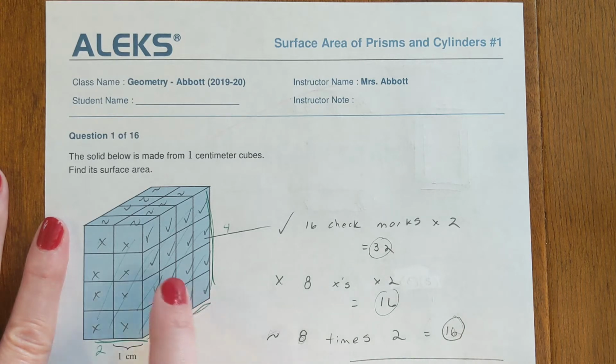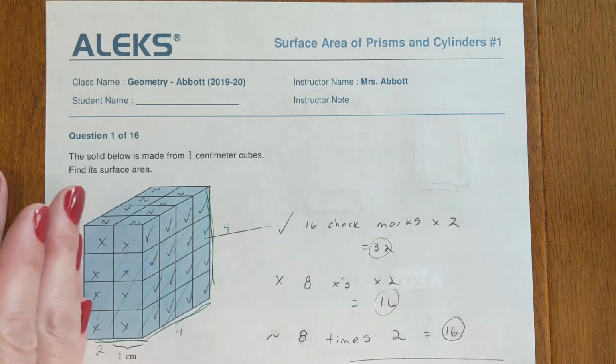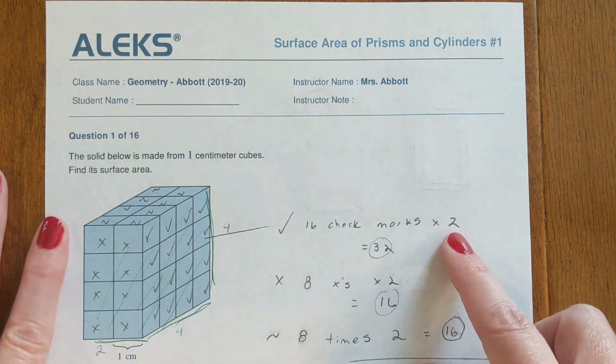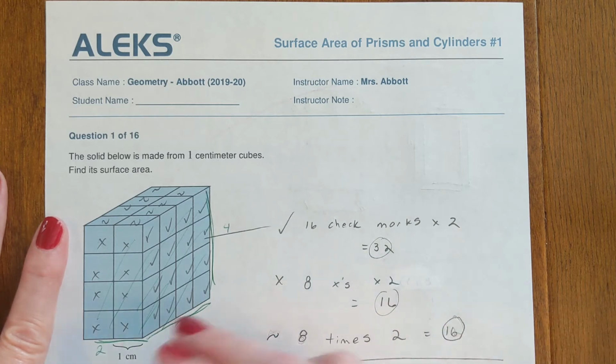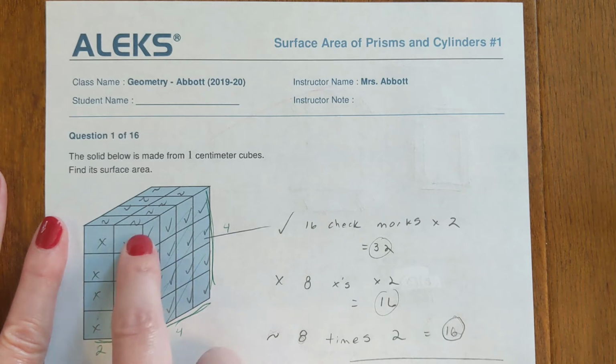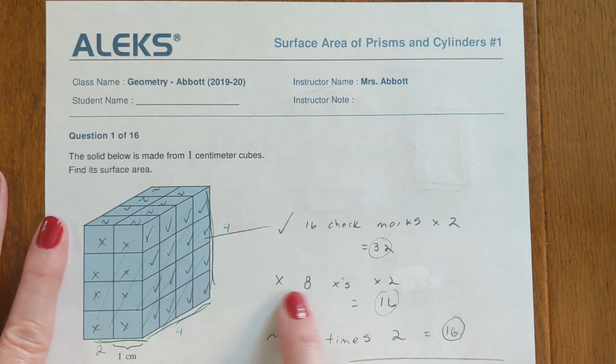So on the right side here, we have 4 by 4, or 16 check marks. The other side that's parallel to it is going to have the same amount of them, so we need to multiply that by 2. The front and the back are going to be the same, and it's got 2 by 4 or 8 X's on it, so there's going to be the same amount of it on the back.